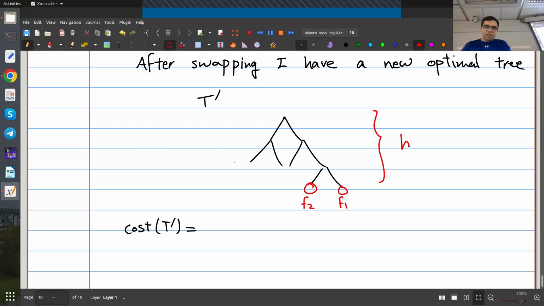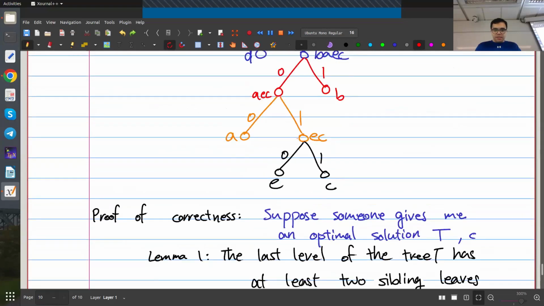Now, I can just basically go over every leaf, and I can say that the cost for this leaf is just the frequency of its letter times the number of the level that this leaf is in, right? But I don't want to do that. Remember what my algorithm did.